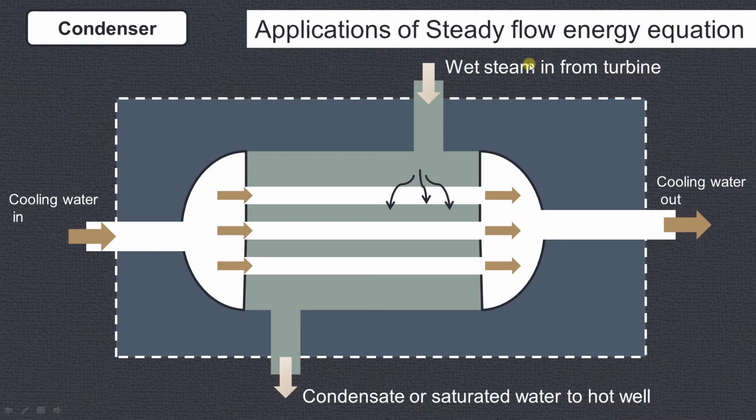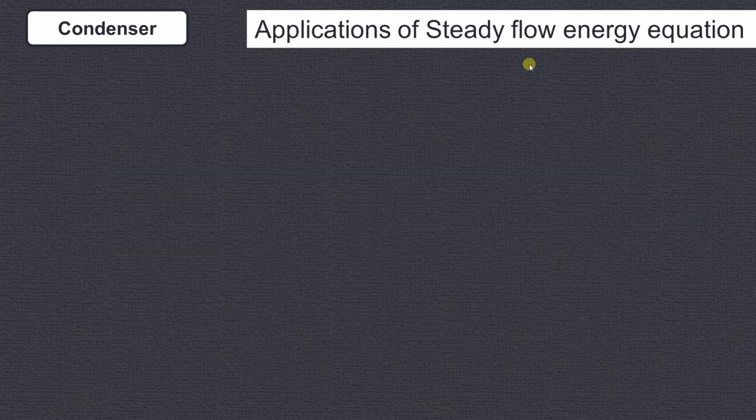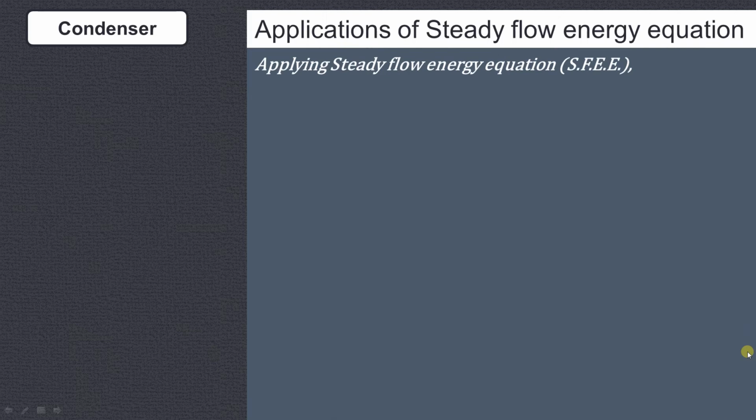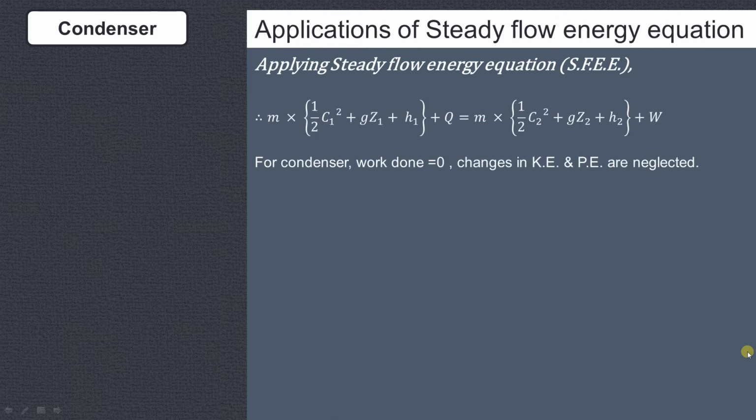Now in this particular case, let us see how to write down the steady flow energy equation. As the heat is rejected from the system, Q is taken as negative over here. Applying the steady flow energy equation, there is no work done, so W will be equal to 0. Changes in kinetic energy and potential energy are negligible, so they are neglected. So it is only m into h1.